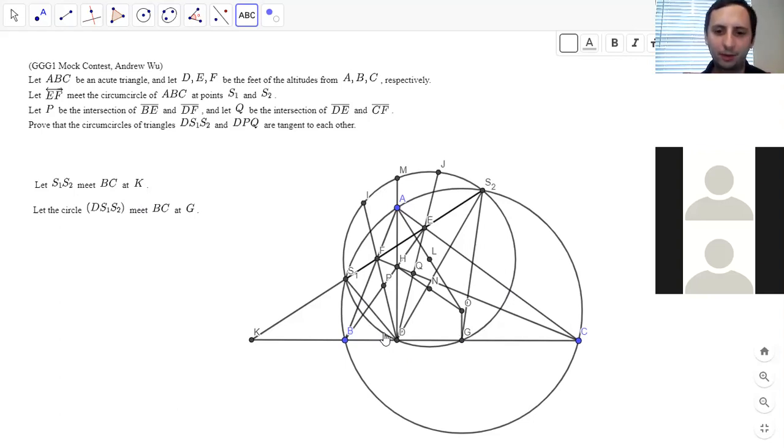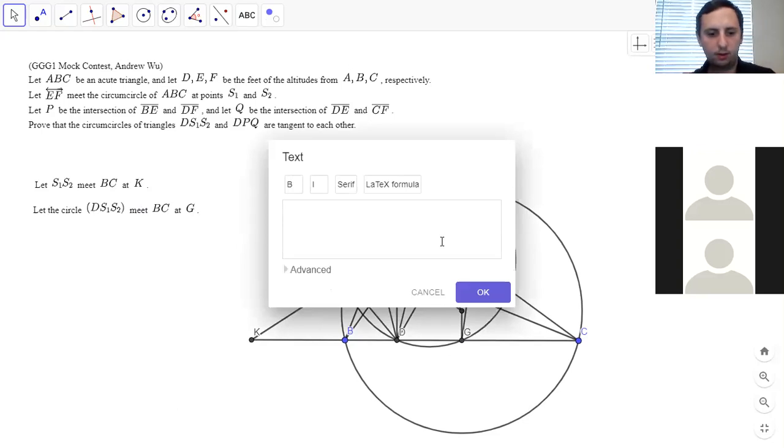So we have KD times KG is KS1 times KS2, which is KB times KC.